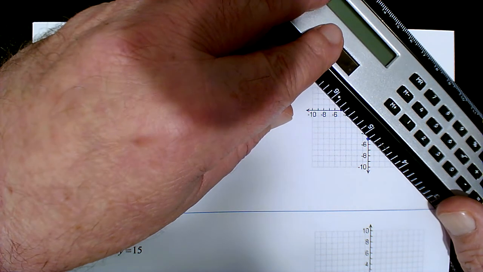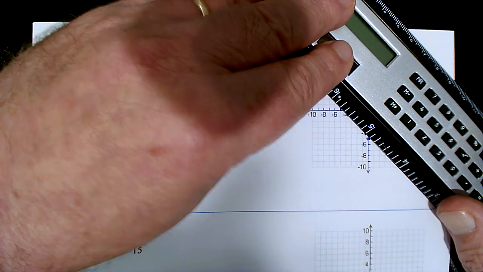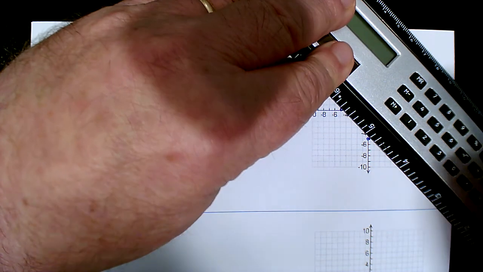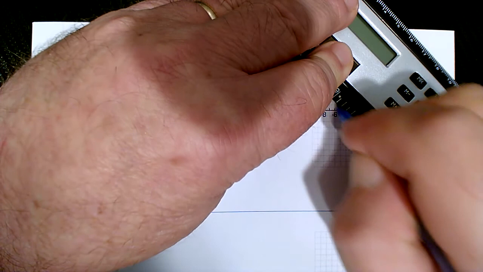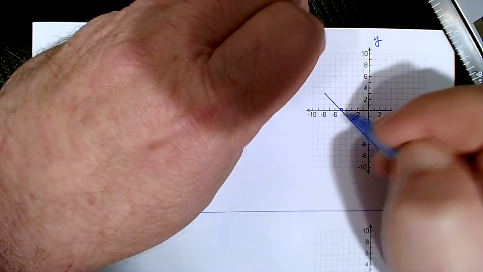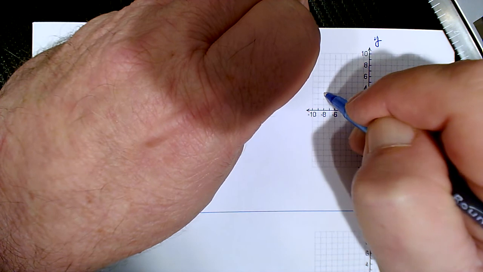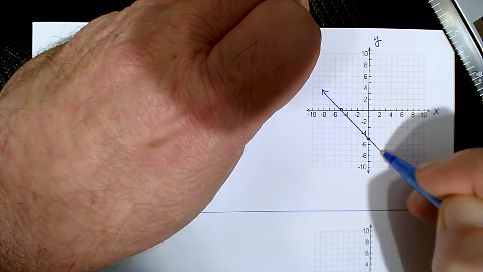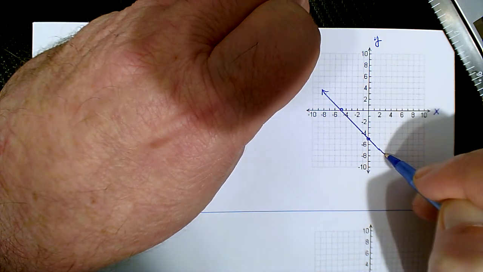And we'll sketch the line. See how I was a little bit off there, some of that might cause an issue in the end, but let's just go with it.